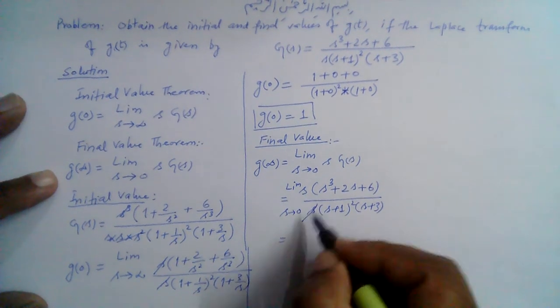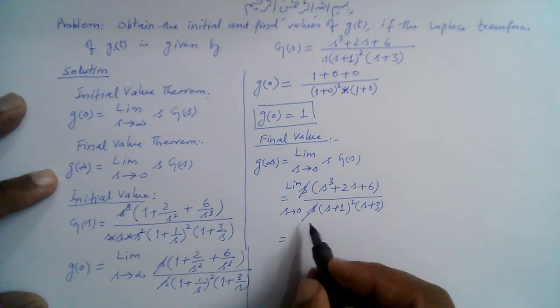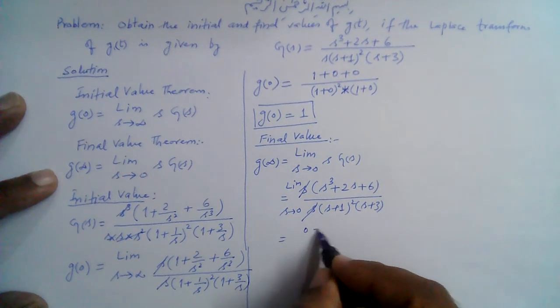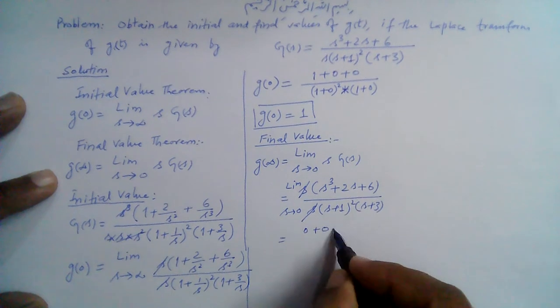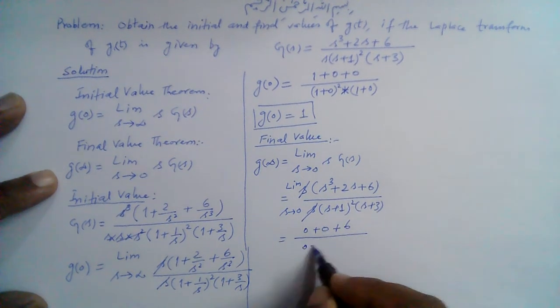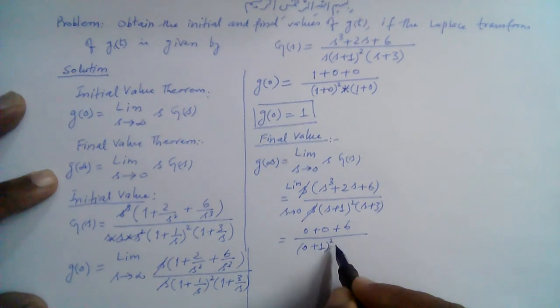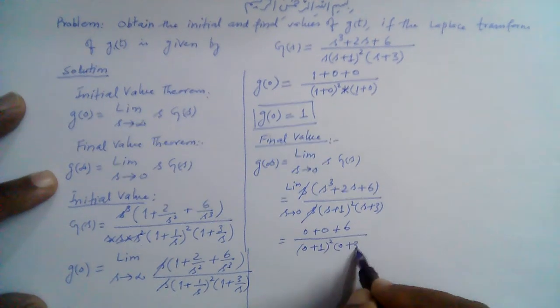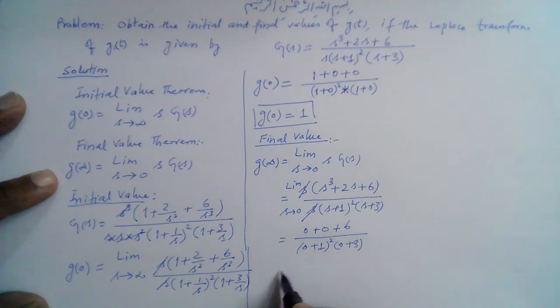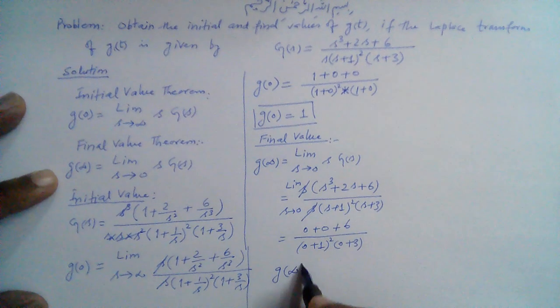So this s cancels out with this s, and now we substitute the limit. So this is 0 plus 2 multiplied by 0, 0 plus 6 divided by (0 plus 1) squared into (0 plus 3). That is basically 6 over 3, and so g of infinity is equal to 2.